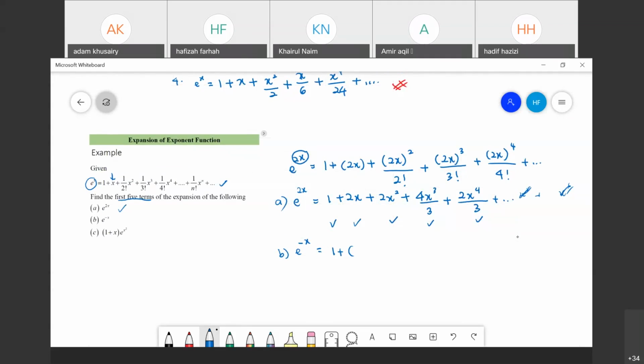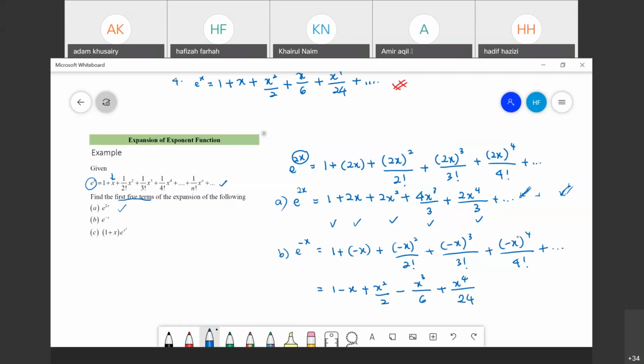So we have here minus x plus minus x squared over 2 factorial, and then we expand this, we get 1 minus x plus x squared over 2 minus x cubed over 6 plus x to the power of 4 over 24. Okay, so that is the expansion of e to the power of minus x.